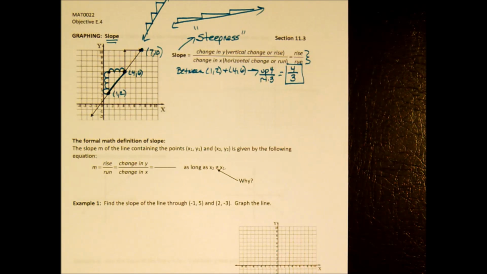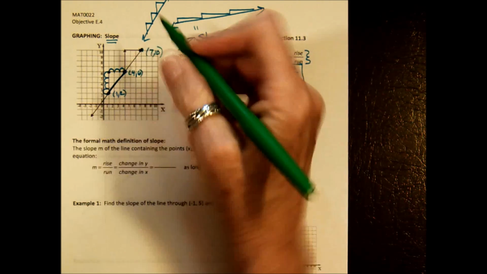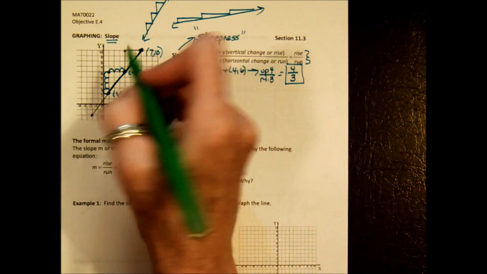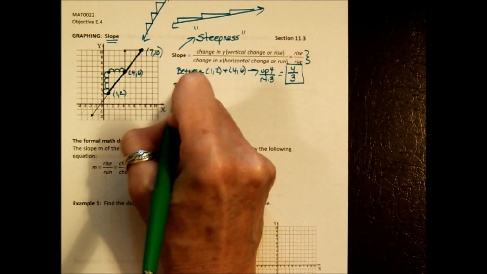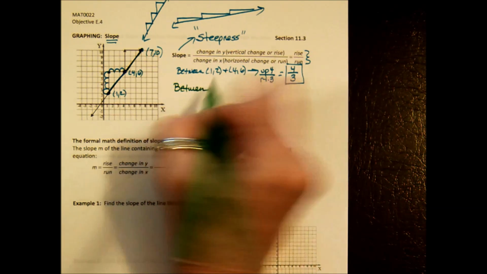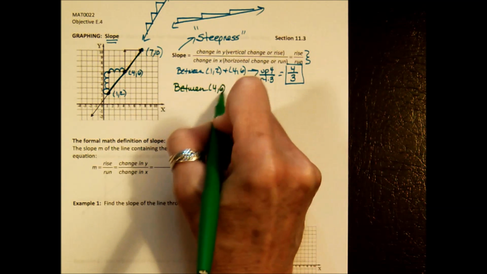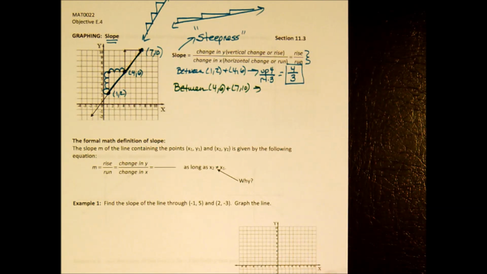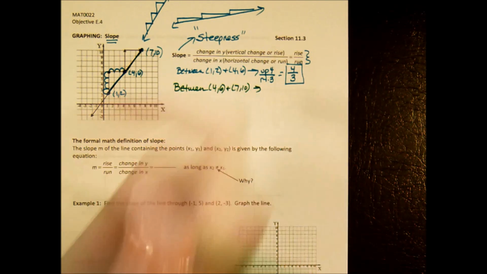Now, just to make a point here, let's look at the steepness of my line between those 2 points, and I'll do this in green. Between the points (4, 6) and (7, 10). Well, now think about that for a second. Is the steepness of the line there different?